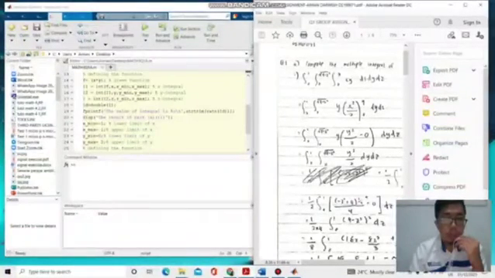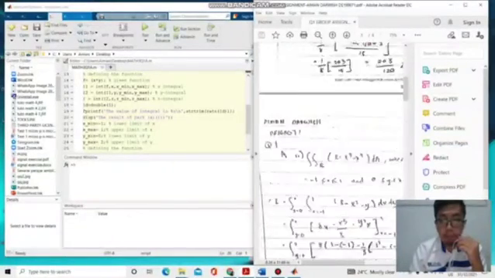Then I use double, and fprintf the value of the integral, and then display the result of part A1 for this question.